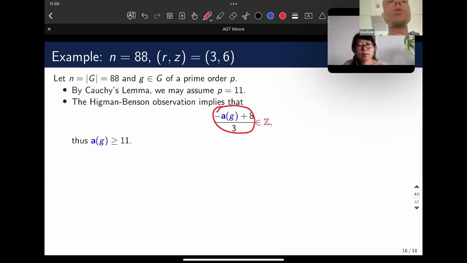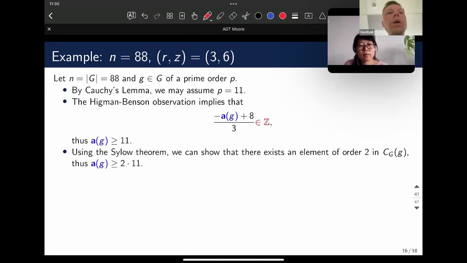and then the Higman-Benson observation implies that this expression must be an integer. So therefore, A of G is greater than or equal to 11. Now, by using the Sylow theorems, we can show that there exists an element of order 2 which commutes with G, and by the above observation, A of G must be also divisible by 2.